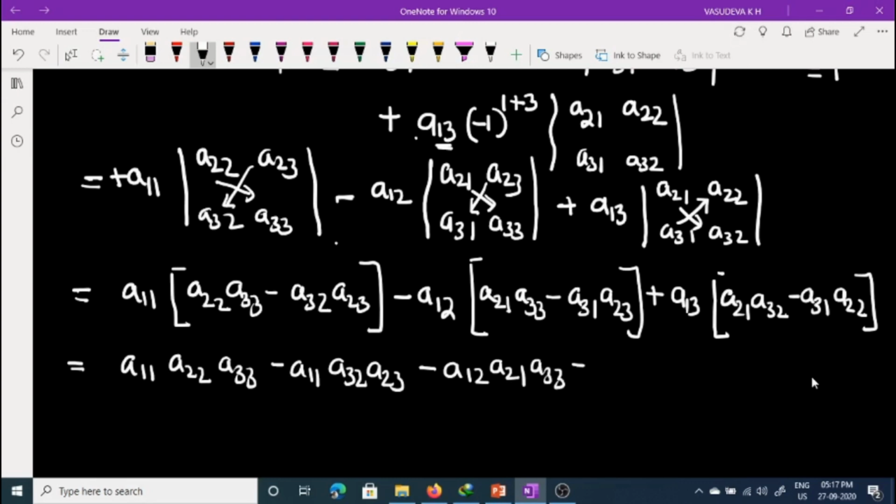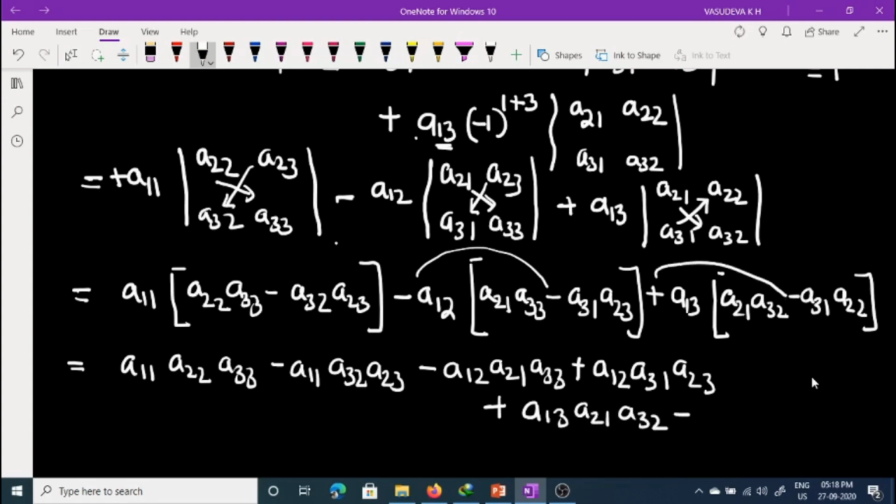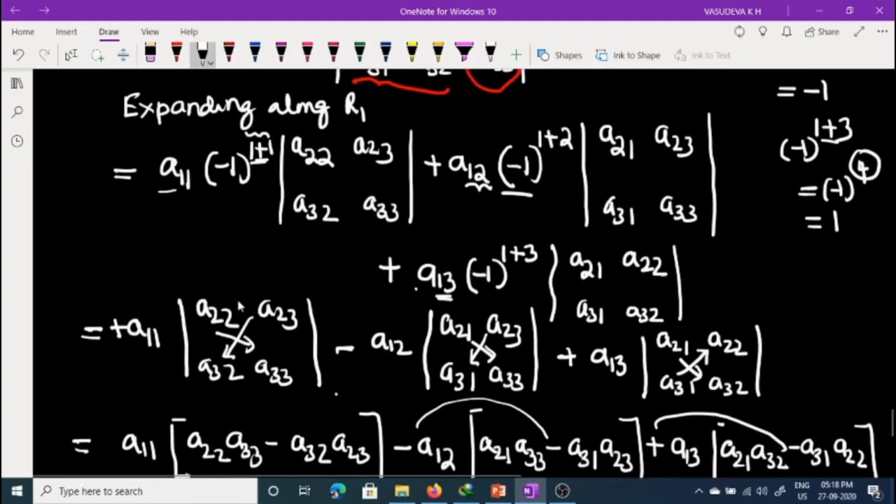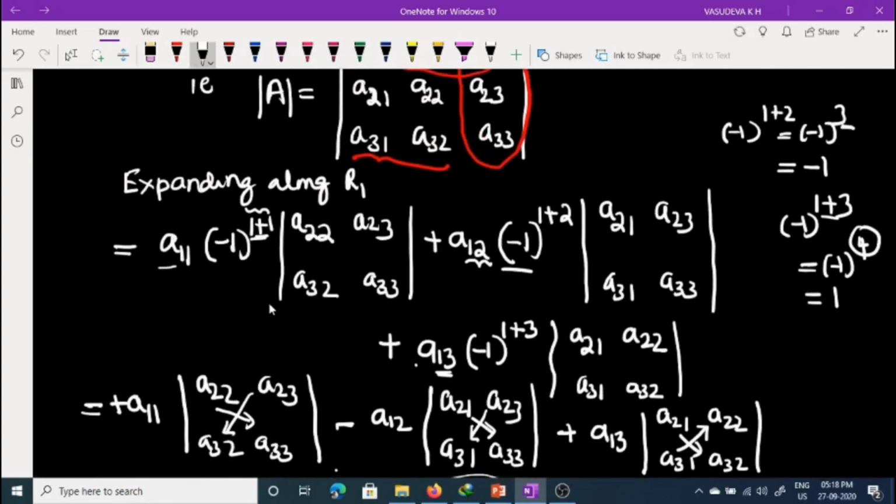Here minus into minus will become plus A12, A31, A23, and plus A13, A21, A32 minus A13, A31, A22. So this is the expansion of the determinant of A along the first row.